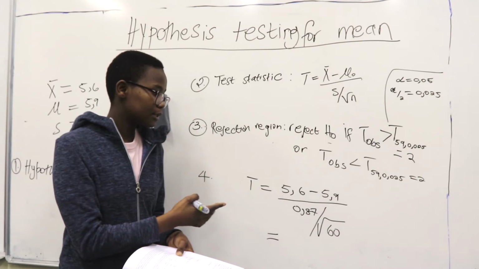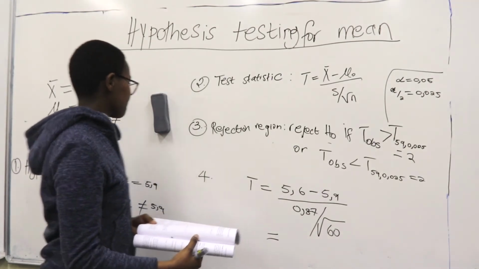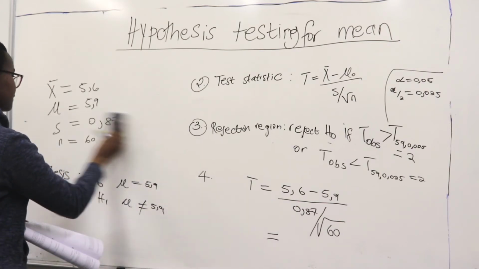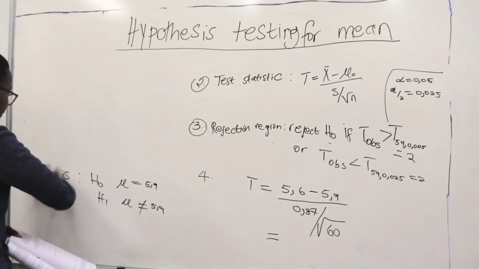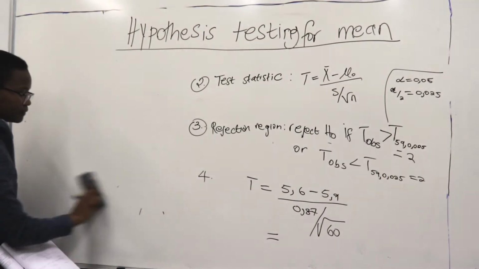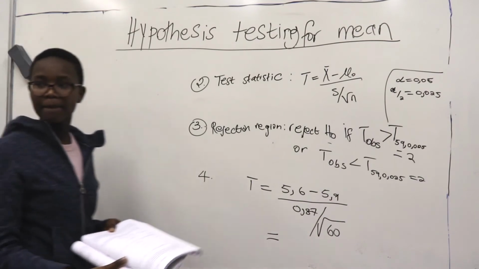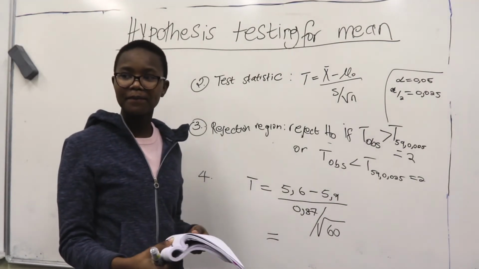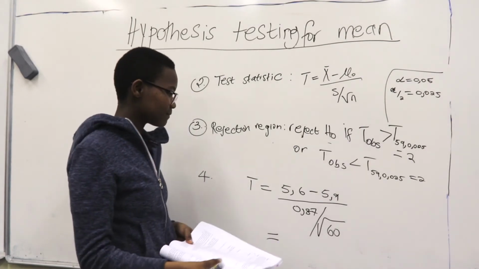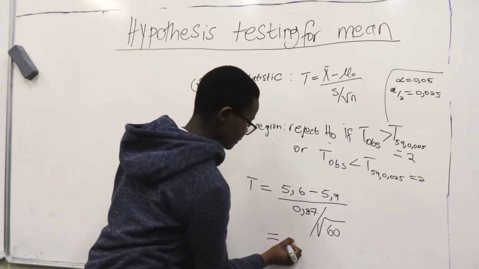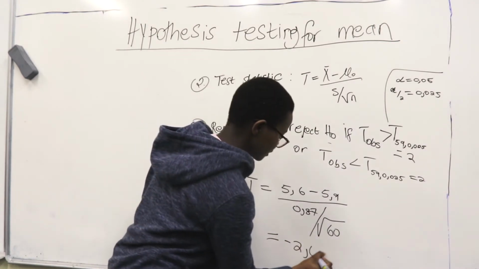Can you please put the numbers in the calculator? Negative 2.6710.